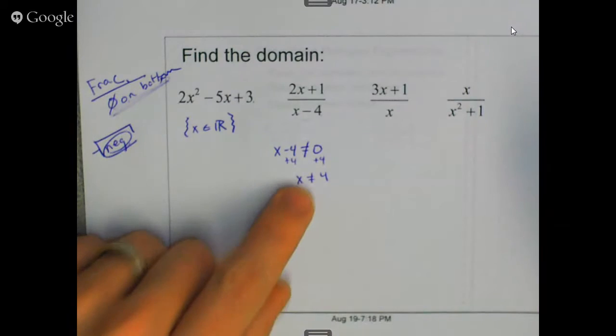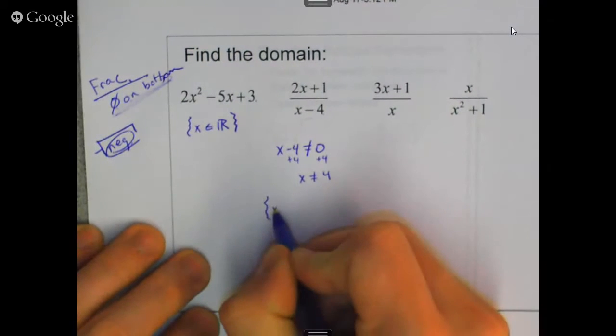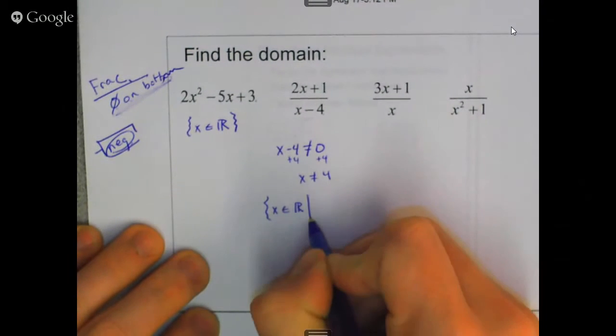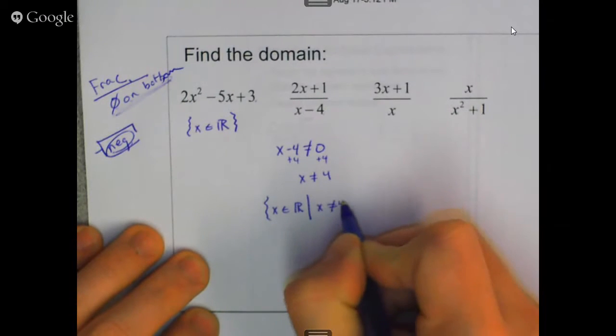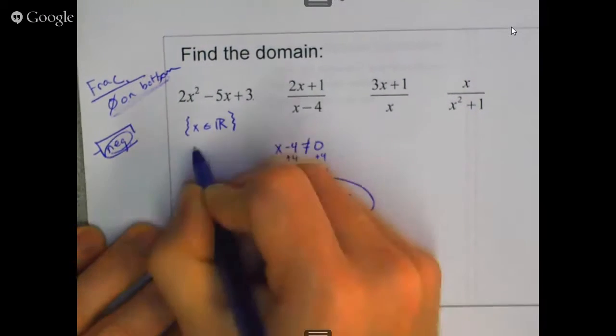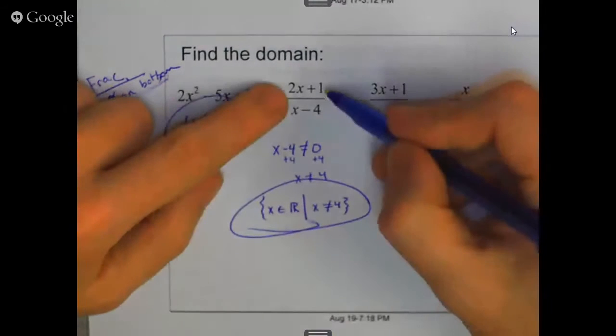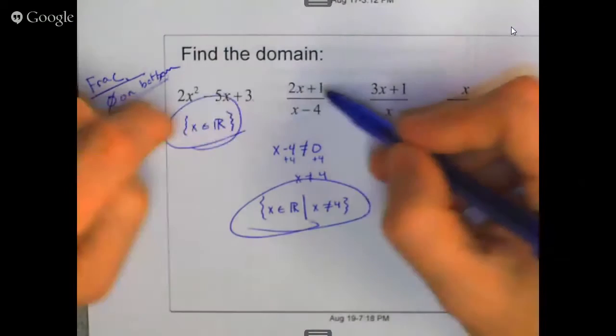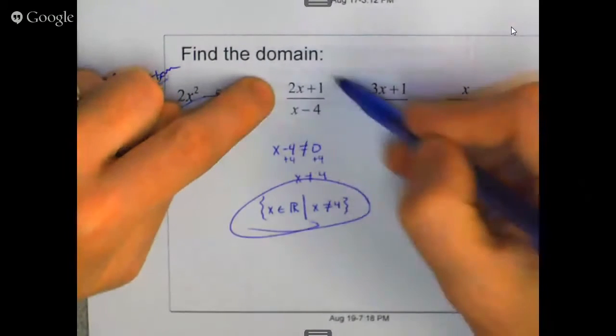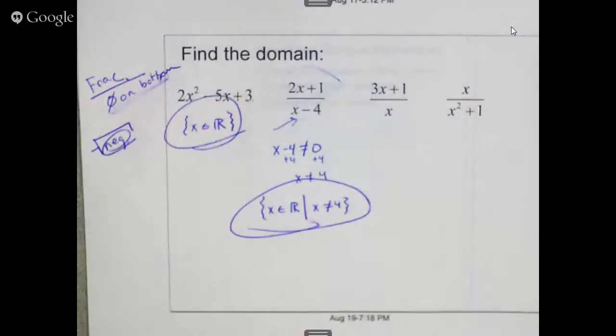That's my restriction. So we'll say, first off, x is all real numbers such that x cannot equal 4. There's your domain. Okay. Does it matter what's on the top? No. It's just like this polynomial. This can be anything. The problem is in the denominator.